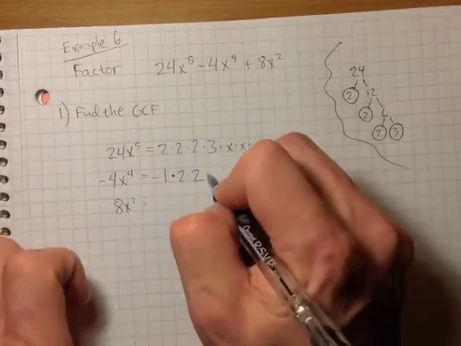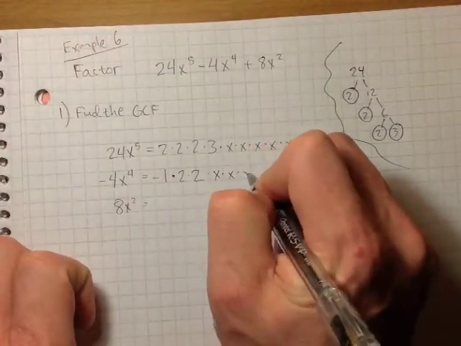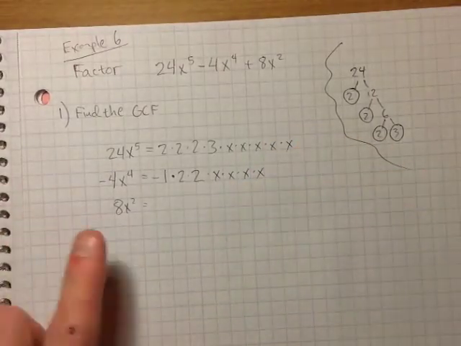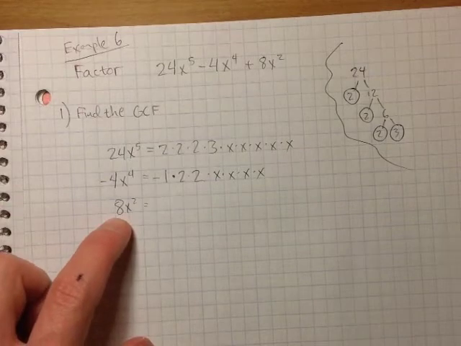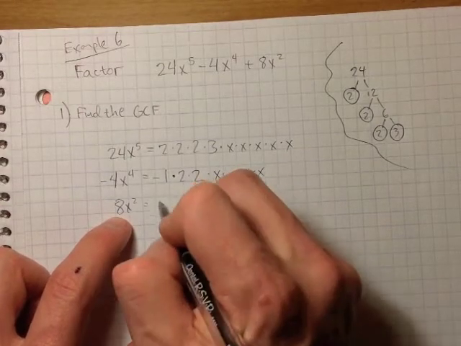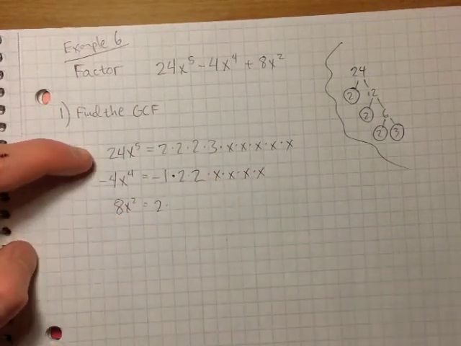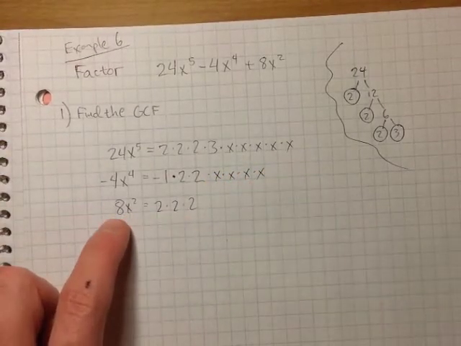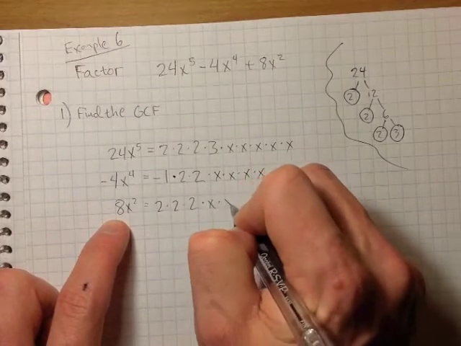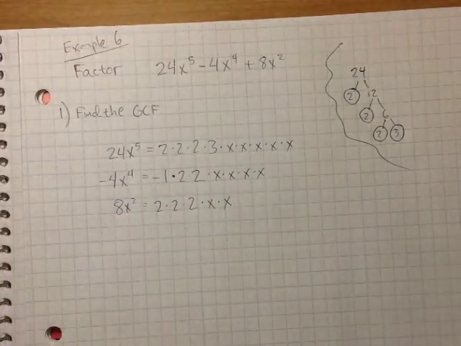And then I have 4 x's multiplied together. Now 8x squared, let's see, 8 is equal to 2 times 4. So 2 times 2 times 2. Okay, so 2 times 2 times 2 gives the 8, and then I have 2 x's multiplied together. Bada bing, fantastic.